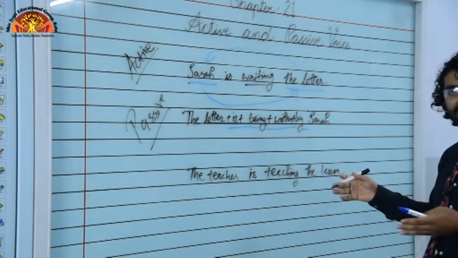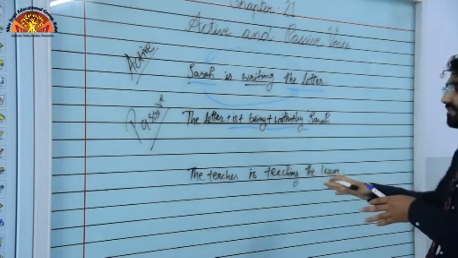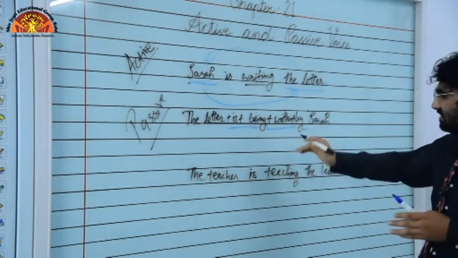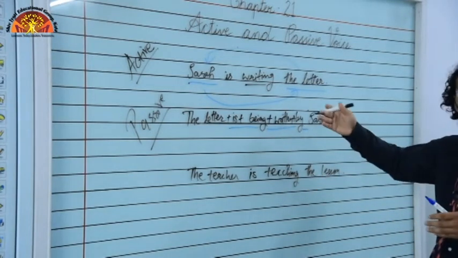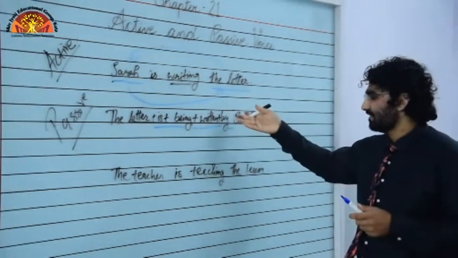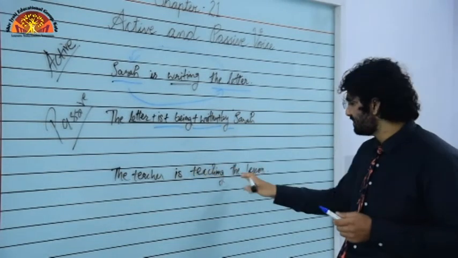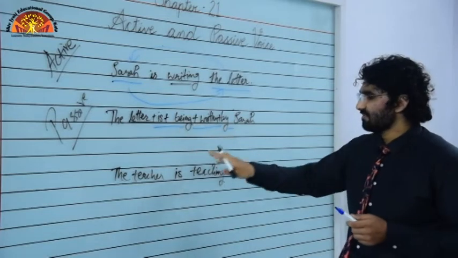What we will do in this case, same thing. Is will remain is, but this teaching will be replaced by being. Then we will add the past participle. The teacher is teaching the lesson; the lesson is being taught by the teacher.